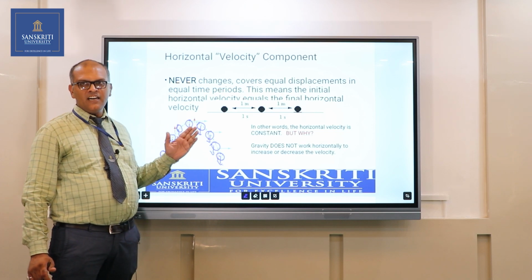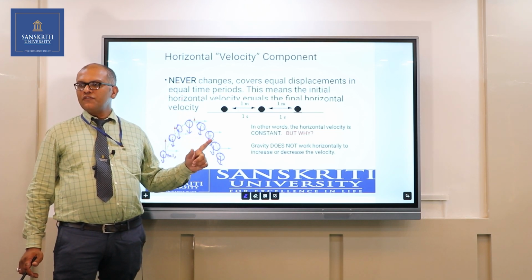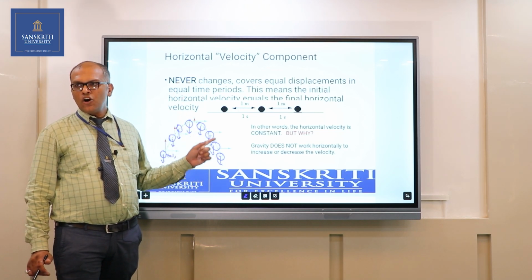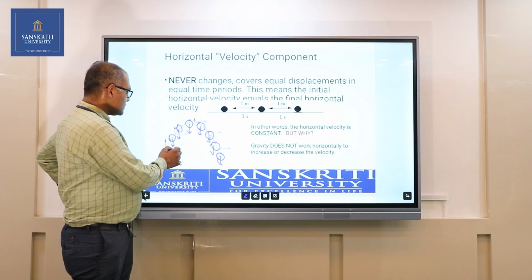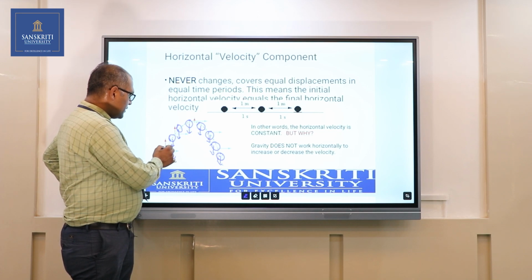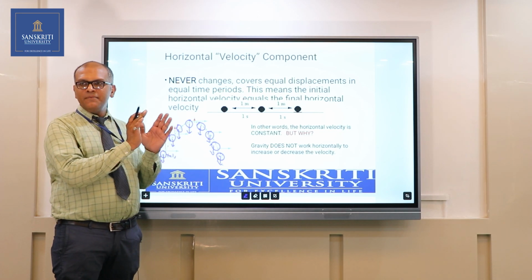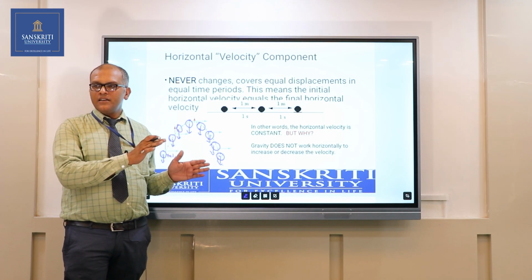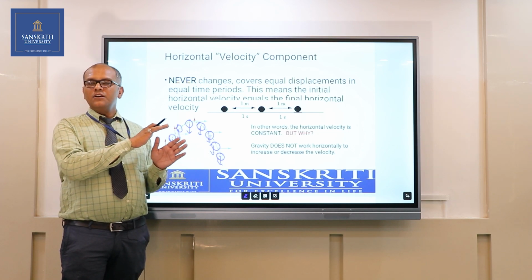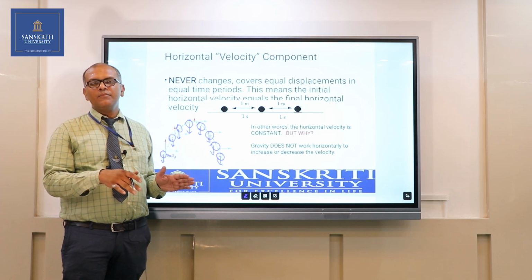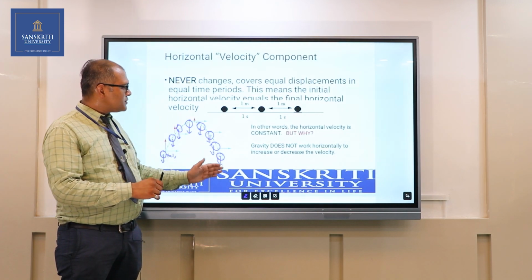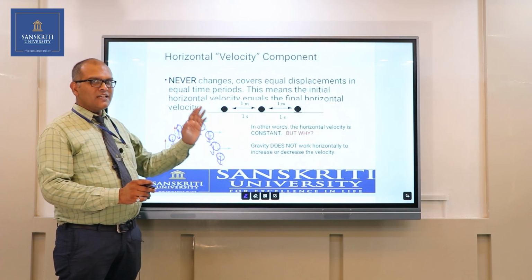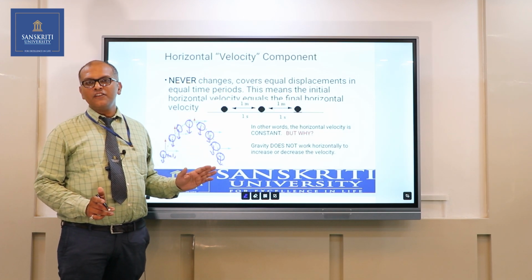So in the vertical direction there is the force of gravity, but in the horizontal direction there is no force. The force of gravity remains the same throughout its journey. When it is being thrown and when it comes down, all that time it was acted upon by a constant force of gravity.